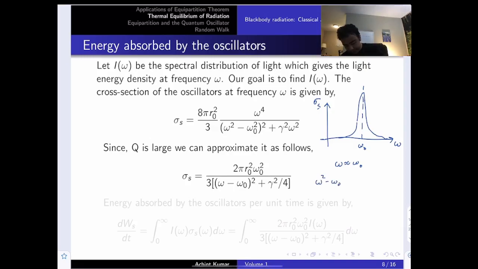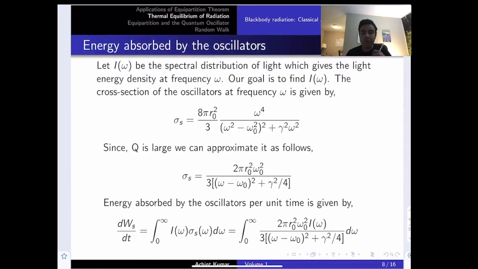Omega squared minus omega naught squared can be written as omega minus omega naught, which I'll keep as is, multiplied by omega plus omega naught, which I'm going to write as 2 times omega naught. And then I simplify a little bit, and I end up getting sigma of omega is given by this expression.